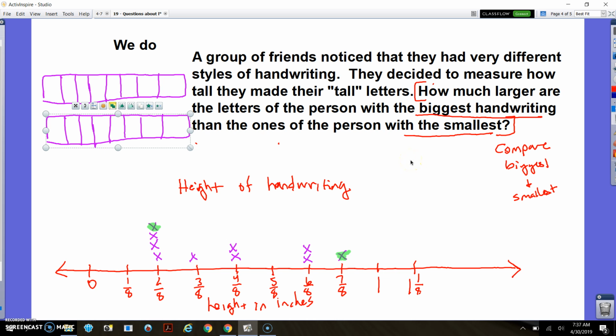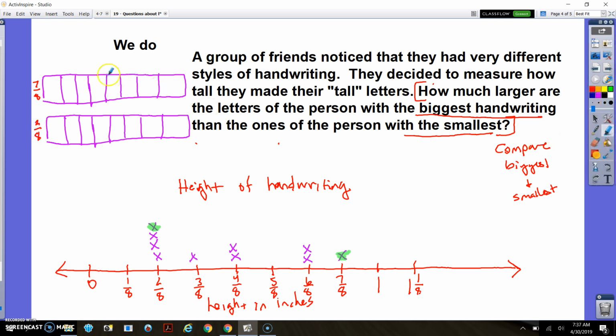The person with the biggest handwriting had 7/8 of an inch, and the person with the smallest handwriting had 2/8 of an inch. If I color in 7/8, they won't always be eighths, I've done a lot of eighths problems, I know. And then 2/8.